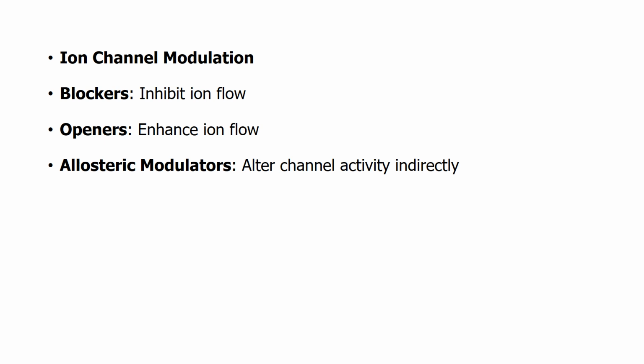In the course of this lecture, we learned about blockers and openers. Blockers inhibit ion flow, while openers enhance ion flow. Of course, allosteric modulators, as concerns ion channel modulation, alter channel activity indirectly.